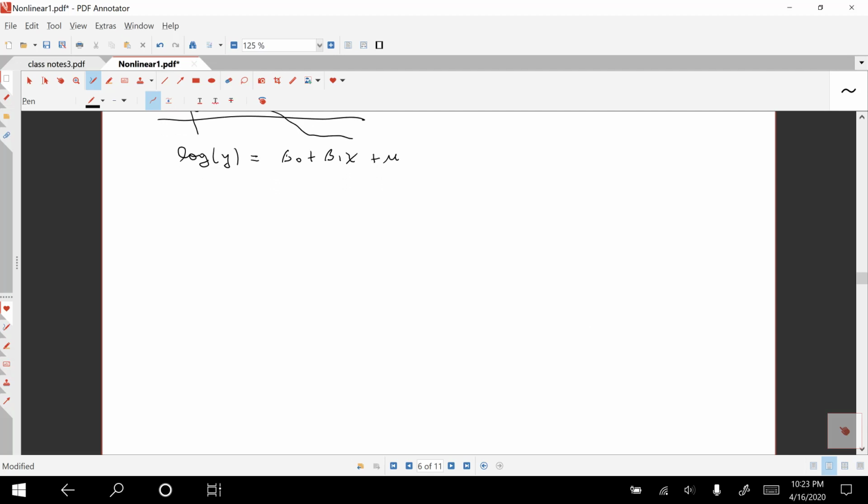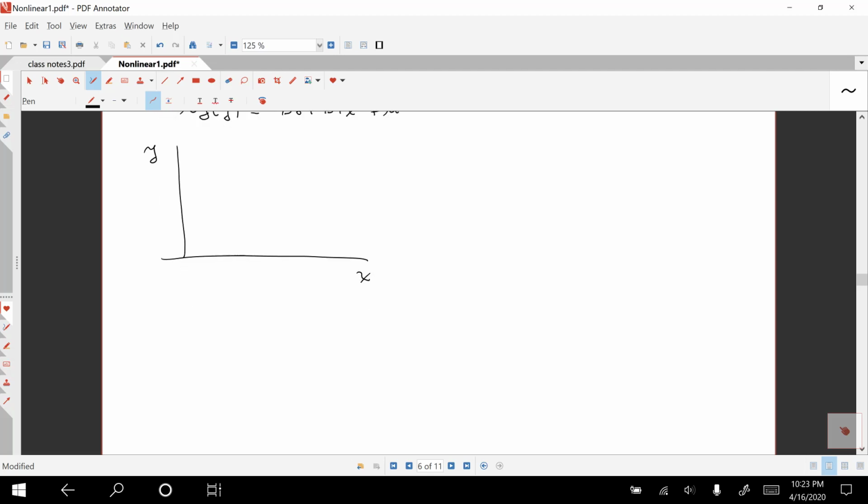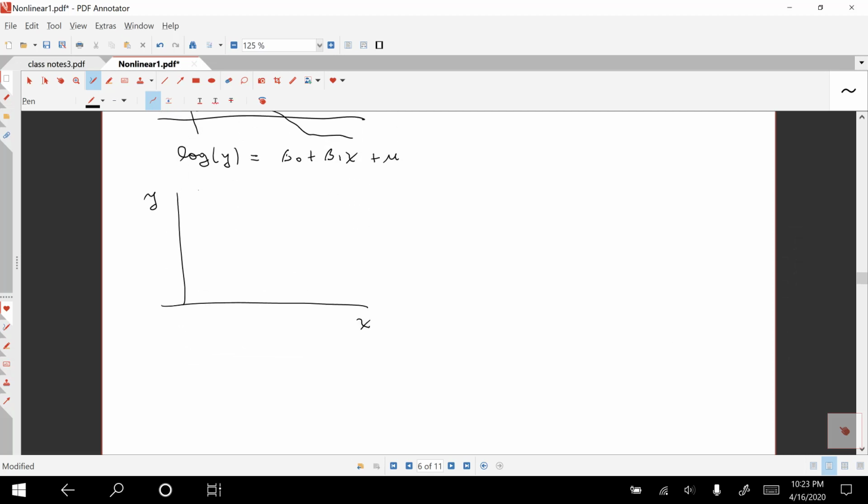In terms of the shapes that we can estimate, we have y and x, and the relationship between y and x can be decreasing, at an increasing rate. This is the case where beta 1 is less than 0. We also have y and x with beta 1 equal to 0, which is just a line.